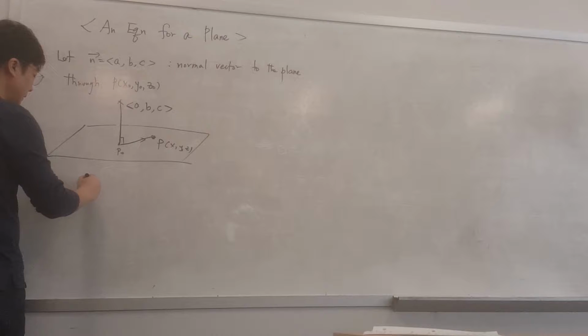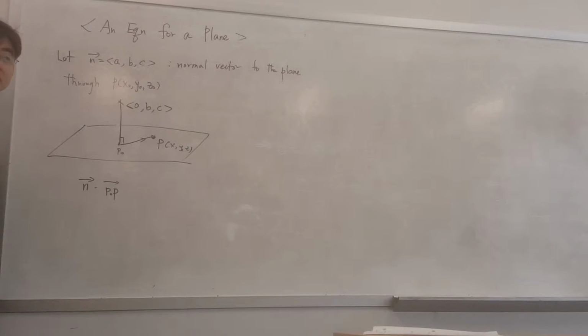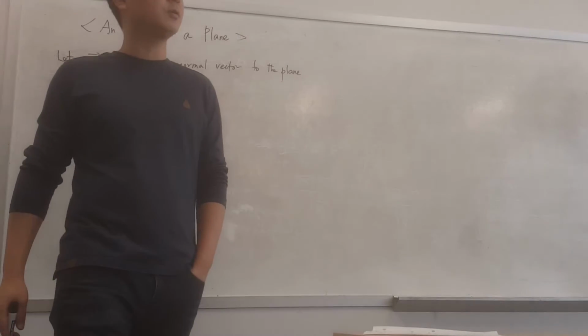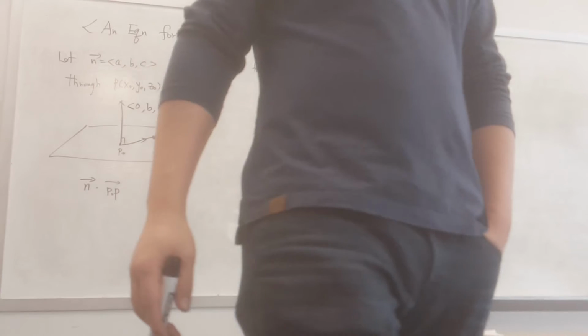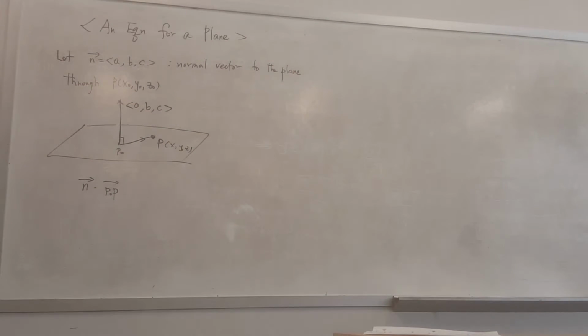So what I wanted to say is, n vector and P dot P are perpendicular. So two vectors are perpendicular to each other, then what property do they have? Which property? What condition? The cross product is 0. Cross product is 0 means what? They are parallel.